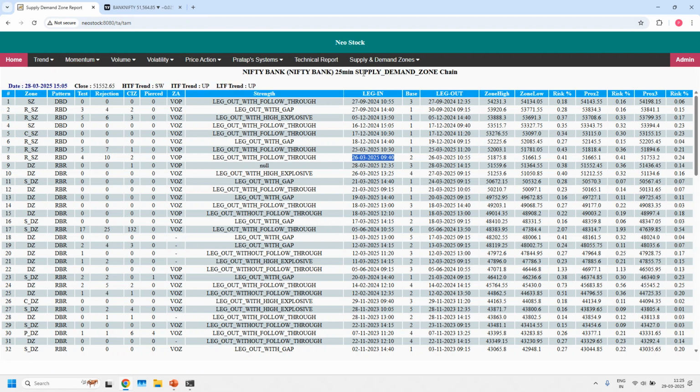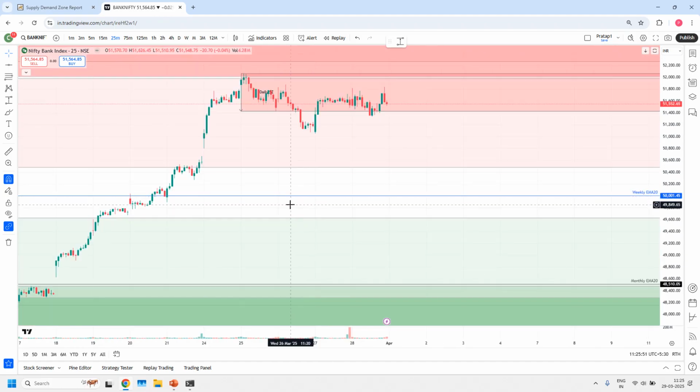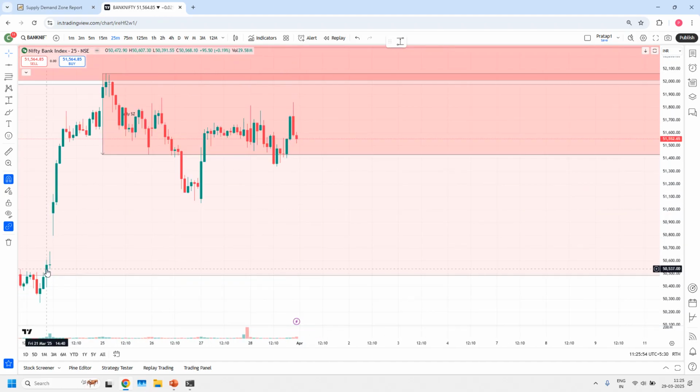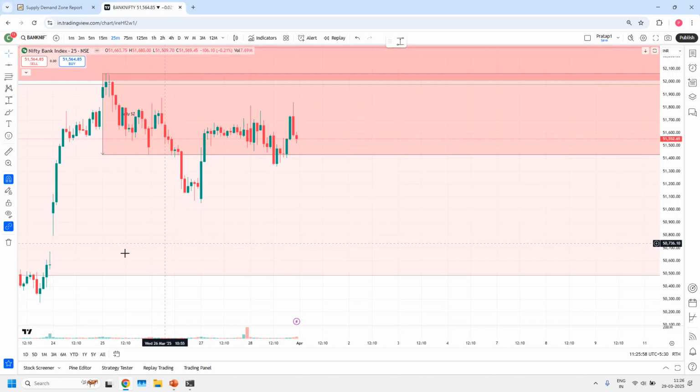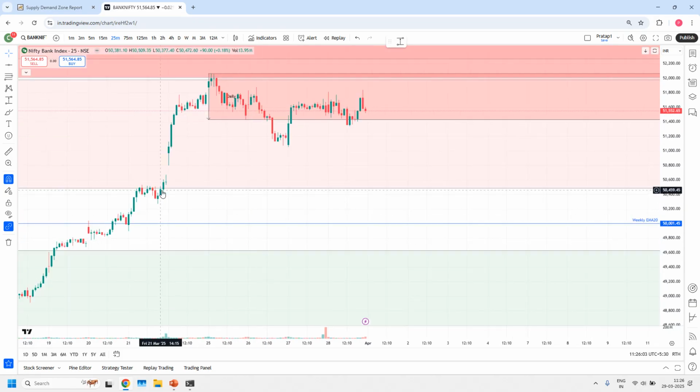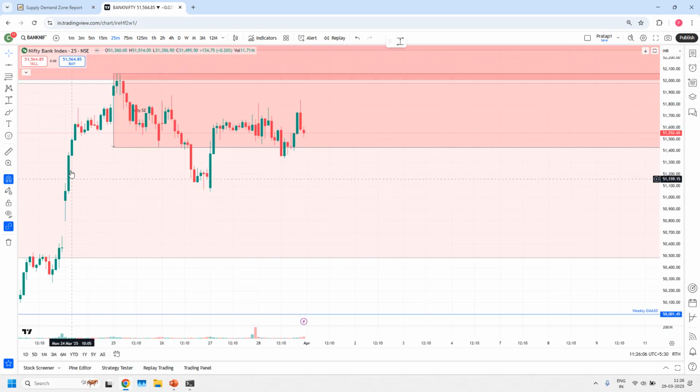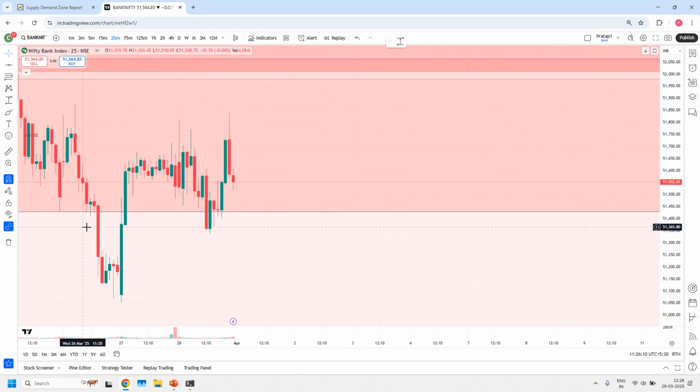Yeah, 25 minutes. What is the timestamp? 26.3, 9:40. 2 base candles. This is the 21st, 26th March. This is the one. We have a rally, then these 2 base candles and a drop candle.